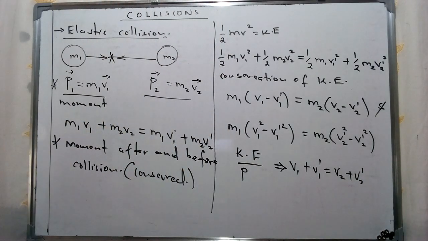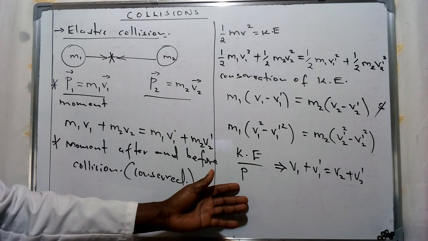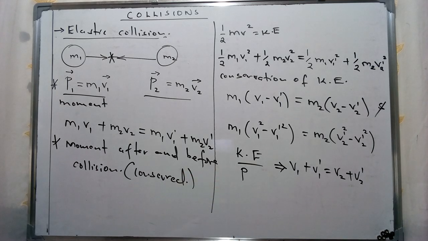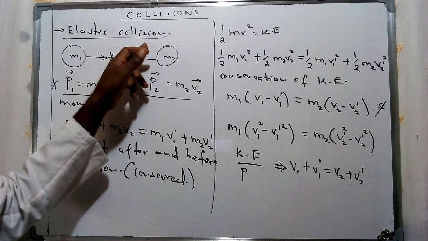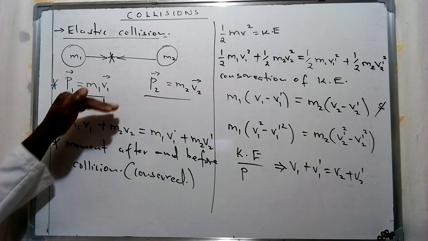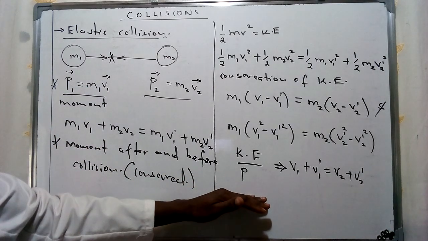And this implies that relative velocity before collision is equivalent to relative velocity after collision. This gives us the relationship between two colliding objects in elastic collision concerning their momentum, kinetic energy, and relative velocity.